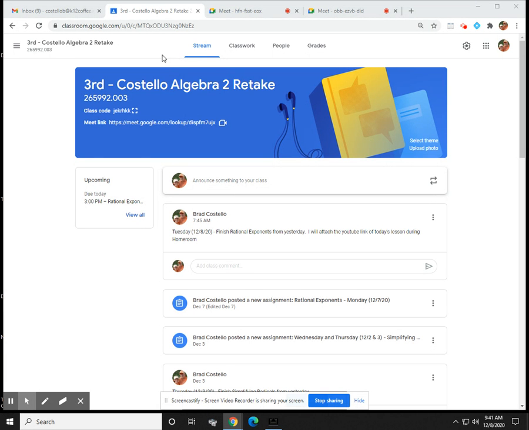Alright, so last night we talked about converting, right? We talked about rational exponents, and what do I mean by rational exponents? I said it about 15 times. Rational means fractional, so when I talk about rational exponents, I'm talking about exponents that are fractions.